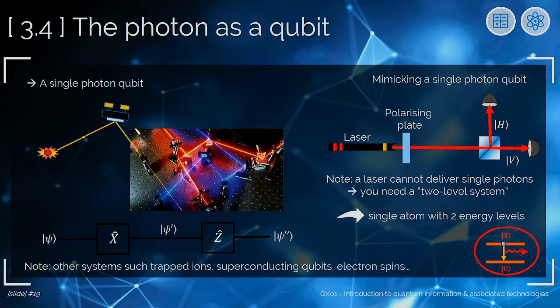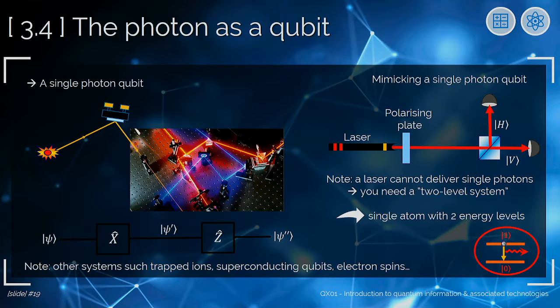Except that intrinsically, sunlight and laser light do not have the right properties to provide us with a single photon at a time. This is what we call quantum optics, and we're not going into that because it's not the purpose. But just for you to know that we cannot just use any light source.